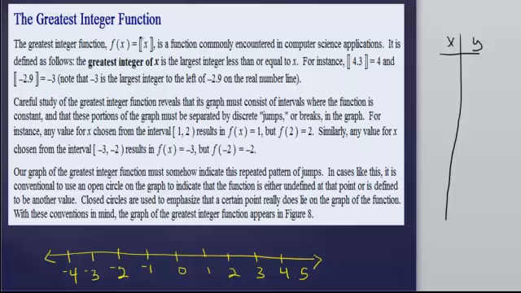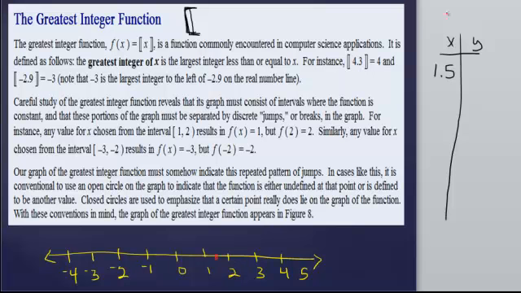So greatest integer, first of all, these crazy brackets, it's like this with an extra little line in it. This crazy bracket is what tells you that it's called the greatest integer function. If I were to put in 1.5, 1.5 is here.